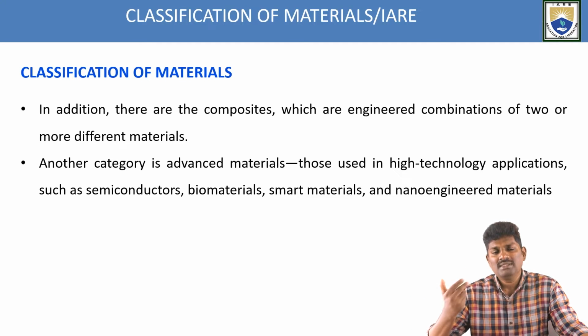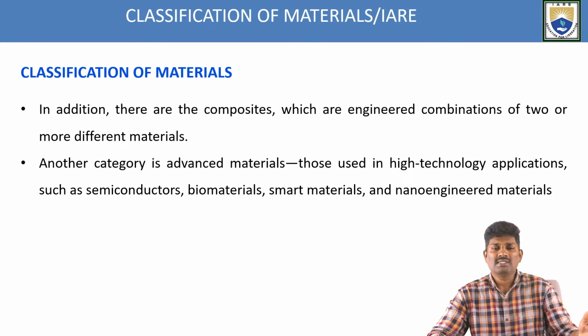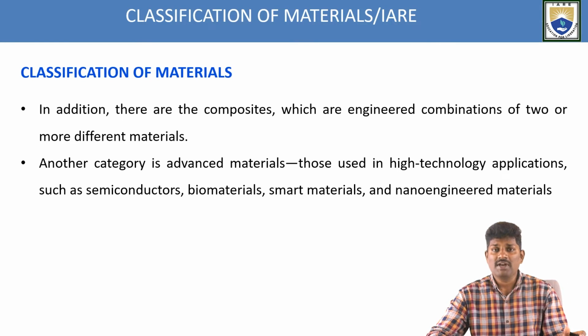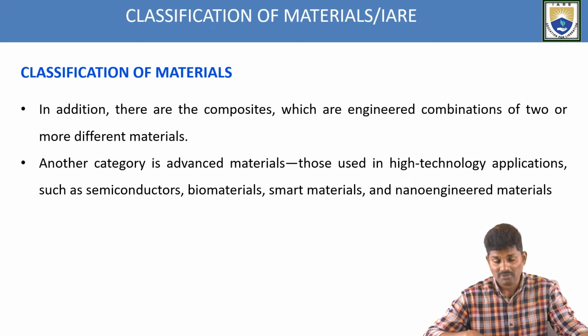So that's why there is advancement in research and in the materials based upon the applications. The metals, ceramics or polymers which are being used still do not reach complete satisfaction levels for these applications. We are trying to bring out new types of materials like composite materials and other advancements because of the high technology in biomaterials and smart materials. We'll see further what is happening in each type of material.